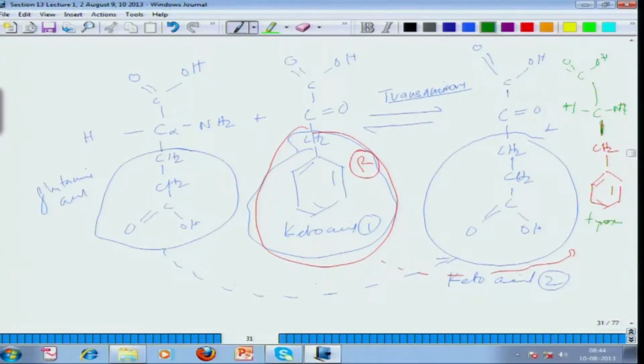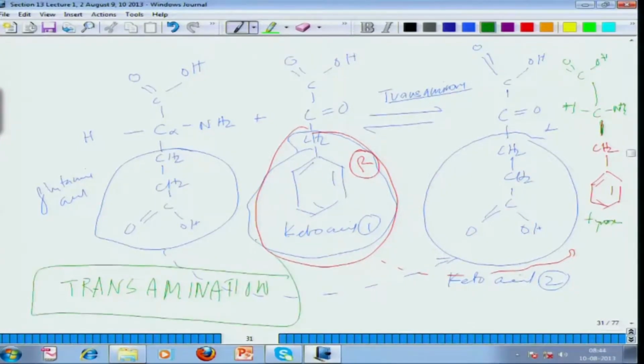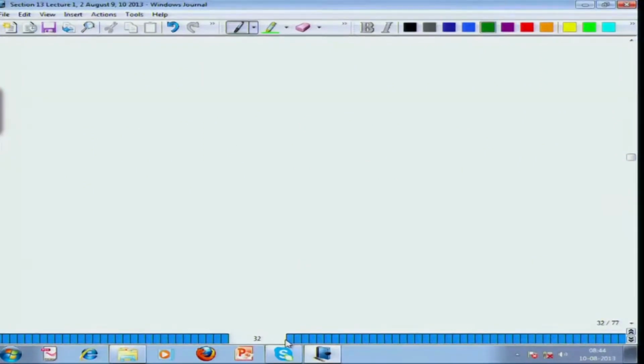So, this whole reaction where there is a transfer or exchange falls under transamination. This is one of the routes by which amino acids are getting degraded.